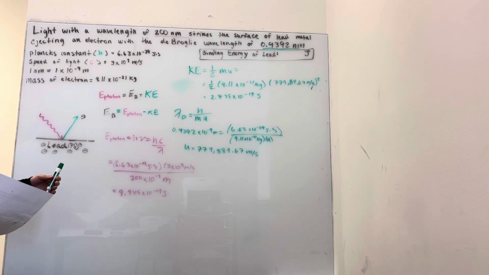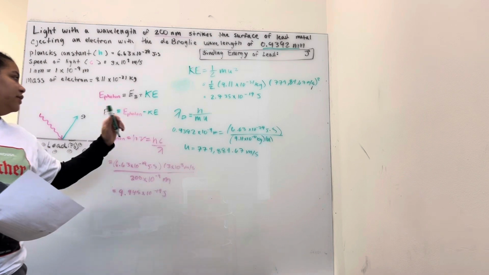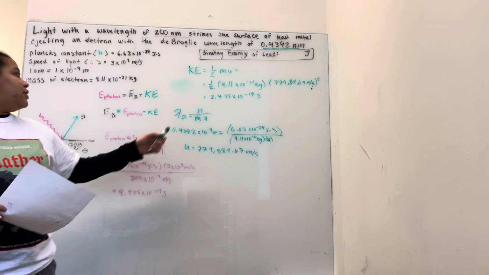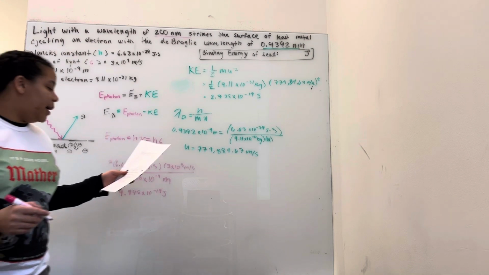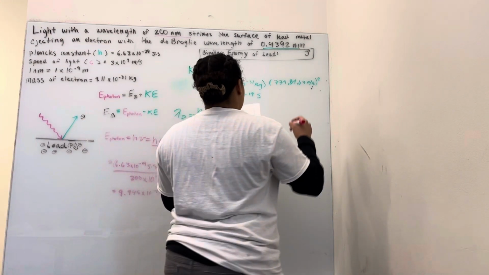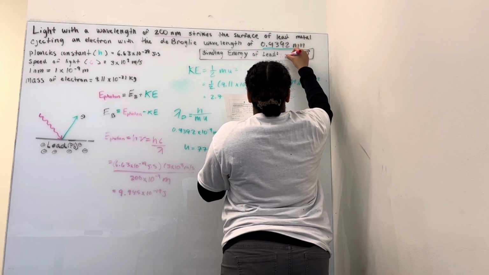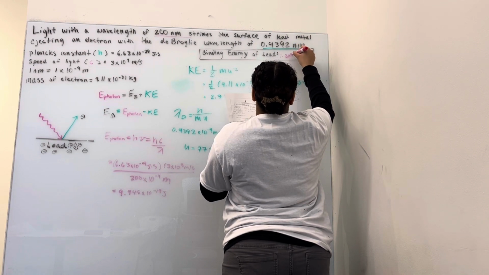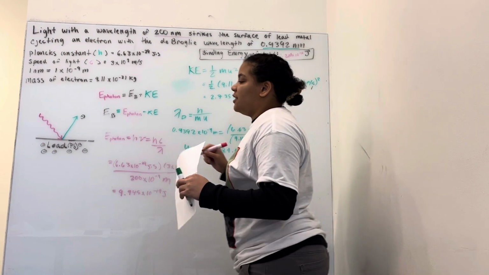All right, so we solved everything. We have E photon, we have our kinetic energy, so we do E photon minus our kinetic energy. That should give us a binding energy of 7.209 times 10 to the negative 19 joules.